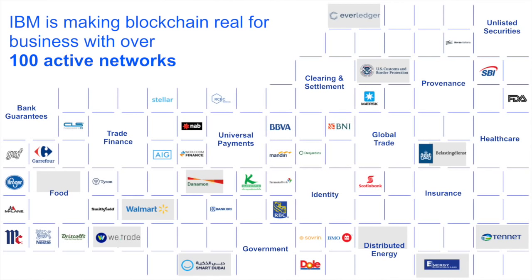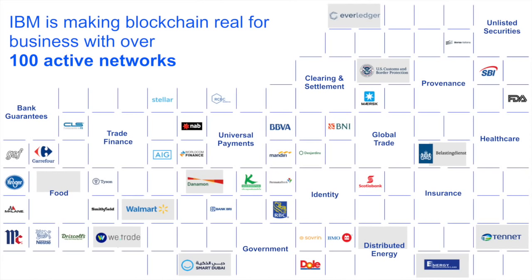So our platform manages over 1,200 blockchain networks around the world. And more importantly, over 100 of these networks are live, creating blocks on the chain every day in real business processes with actual business partners.